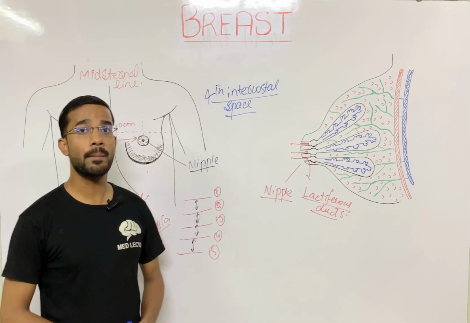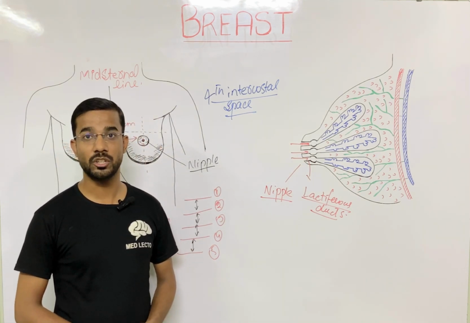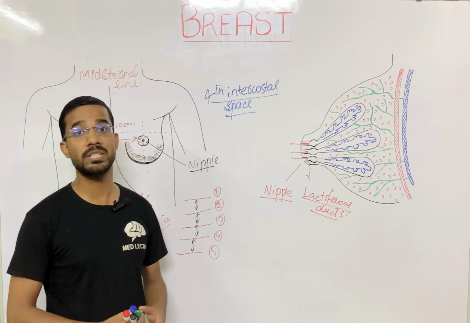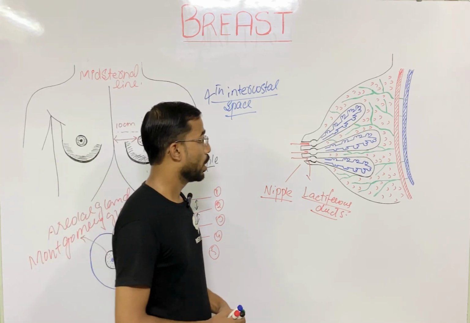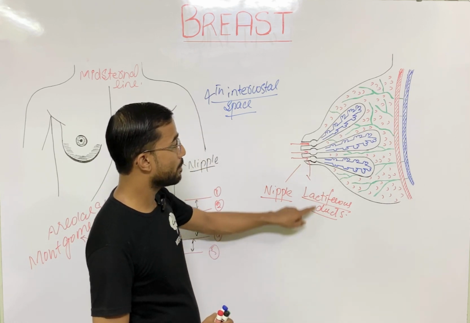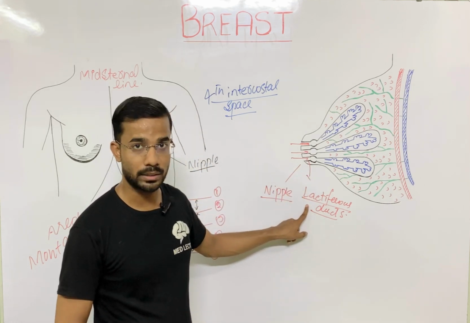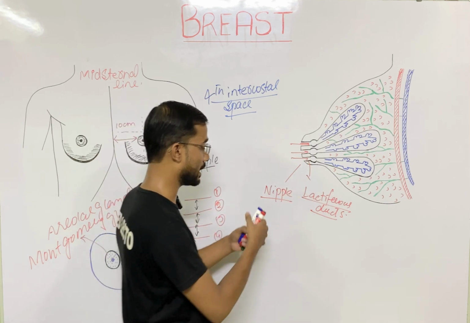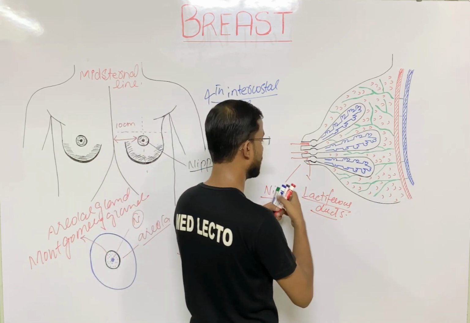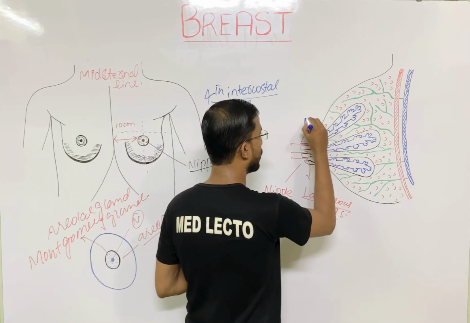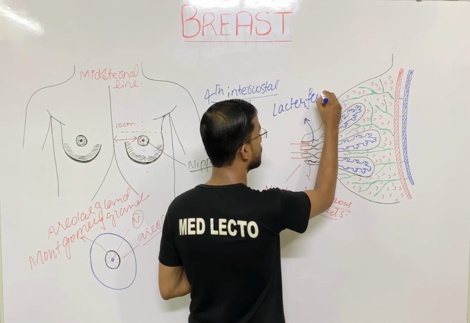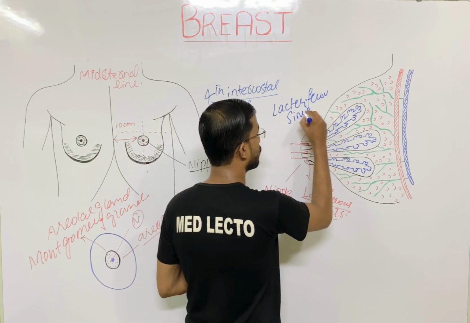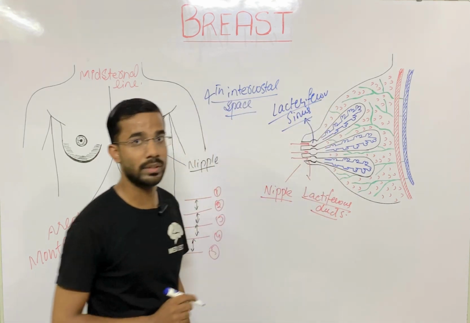Next component will be the parenchyma, that is the mammary gland, the most important gland that produces the milk. In the mammary gland, the most important component is the lactiferous duct. The second component is the lactiferous sinus, where you will see the storage of the milk.